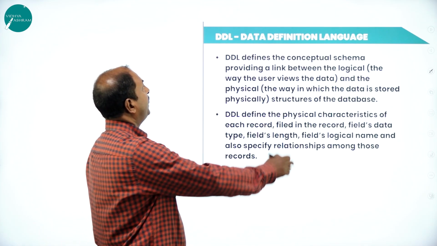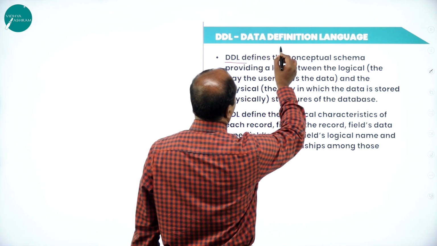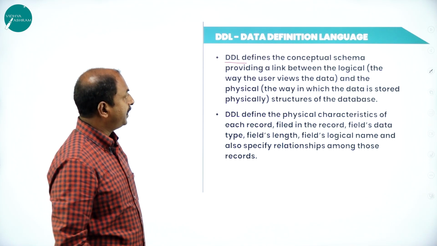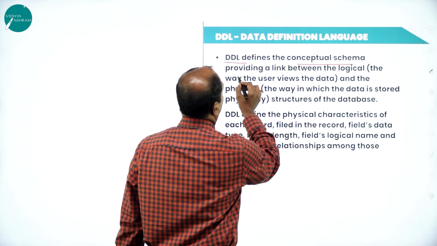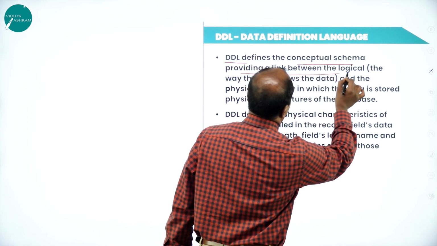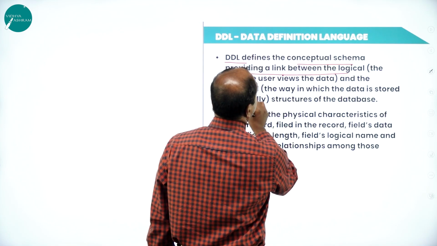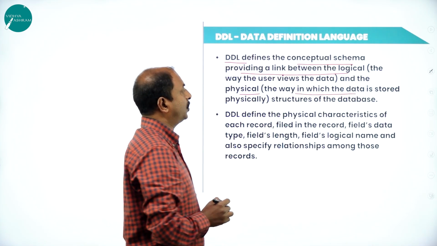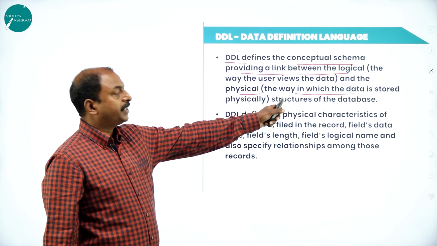The first one is the DDL command. DDL stands for Data Definition Language. The definition is that it defines the conceptual schema, providing a link between the logical way the user views the data and the physical way in which the data is stored in the structure of the database.